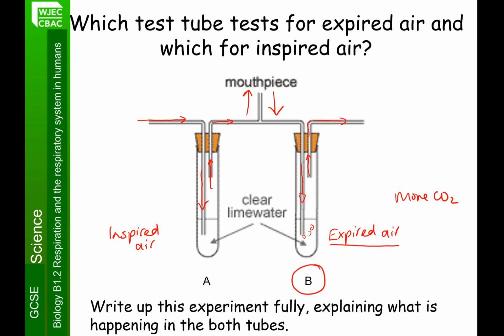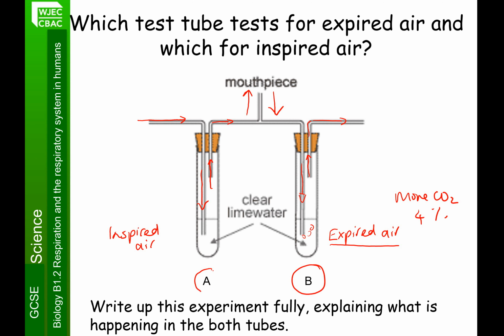In actual fact, when we look at our table that we filled in, it's got 4% carbon dioxide in it, whereas inspired air has got somewhere between 0.03 and 0.04%. So there's far more CO2.